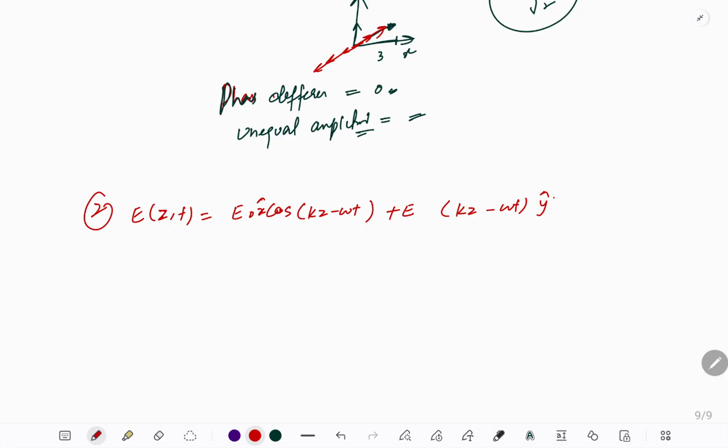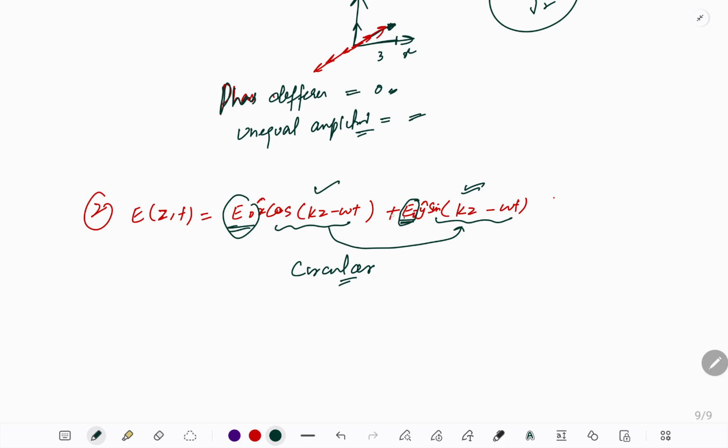Now you see, first there are equal amplitudes, but that alone does not decide circular. There has to be a phase difference of pi by 2, plus or minus. Here is cos and sine with equal amplitudes, so it is circular. And if you tell me which circular, it is right circular because there is a plus sign, so it is right circular polarization, right circular polarized light.